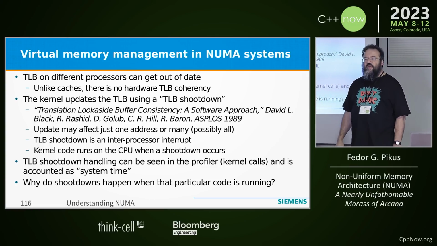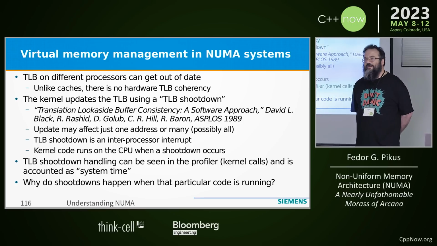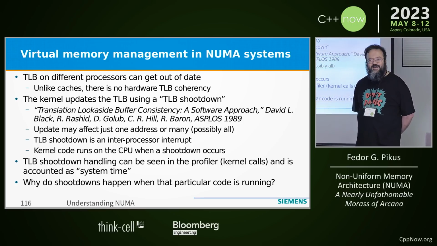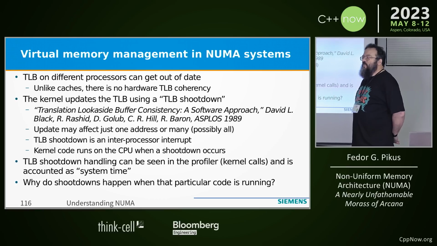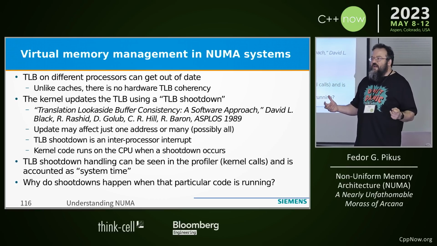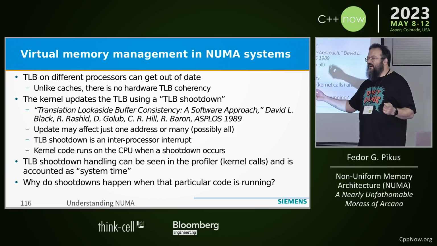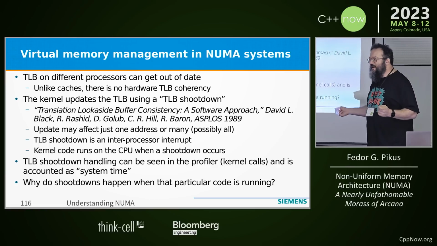What does the kernel do? It issues an interprocessor interrupt. It halts everything, because you can't do anything, since any operation may make the MMU look up an invalid address from the TLB.